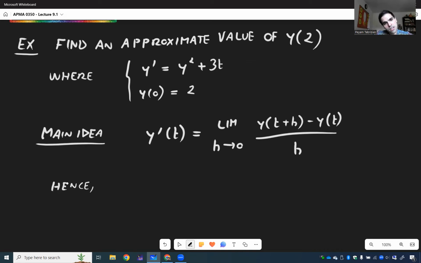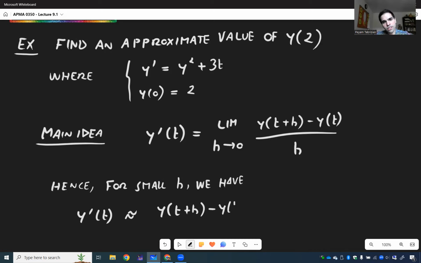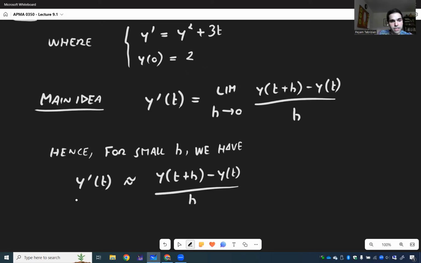So y prime of t is roughly y of t plus h minus y of t over h. And you can use this to solve for y of t plus h, roughly. So y of t plus h is roughly y of t plus h y prime of t.